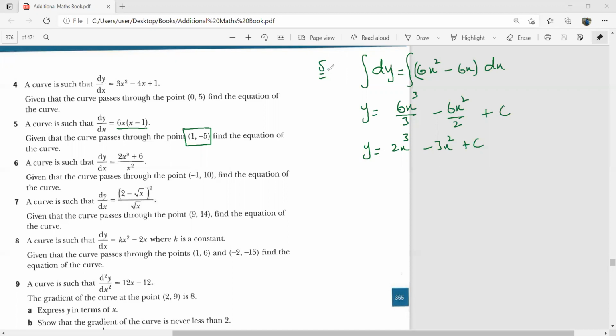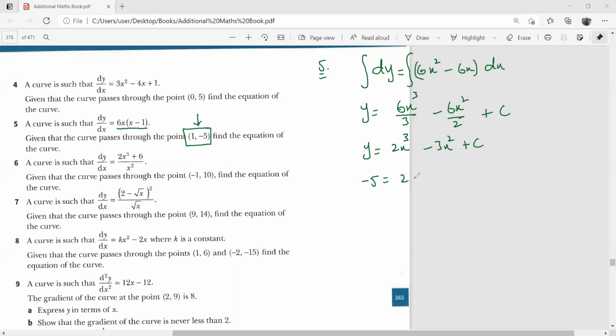Let me tell you from the beginning, the fifth question. So we have dy equal to this. I was telling that we don't like these products while integrating, so that is why I have expanded this before I go on for the integration. So I get all of these things here, and now I have to use this point to determine this c. So this is minus 5.